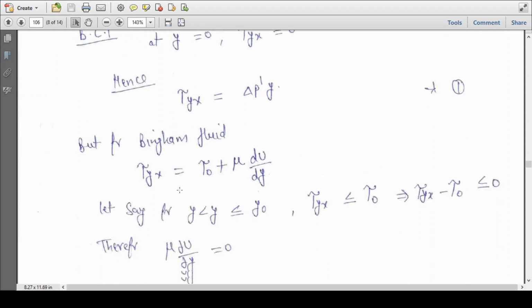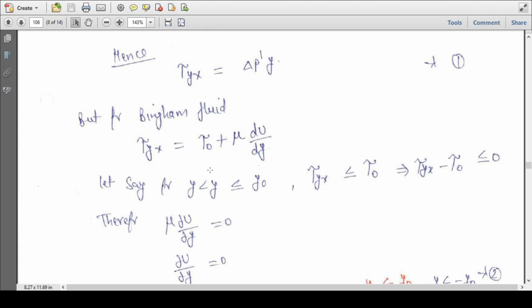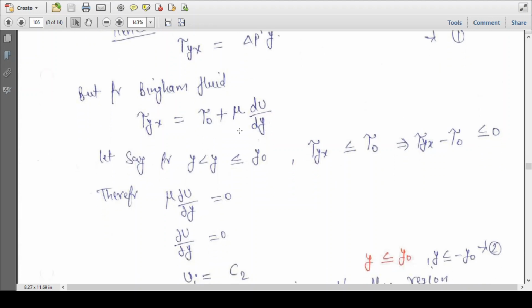But for the Bingham model we have tau yx equal to tau naught plus mu del u upon del y. So we are considering two regions here. One is y less than or equal to y0, that is between minus y0 and y0, where tau yx is less than or equal to tau naught.